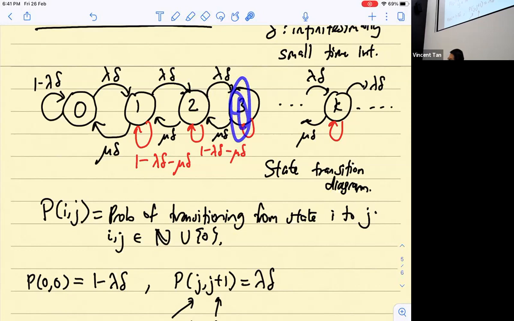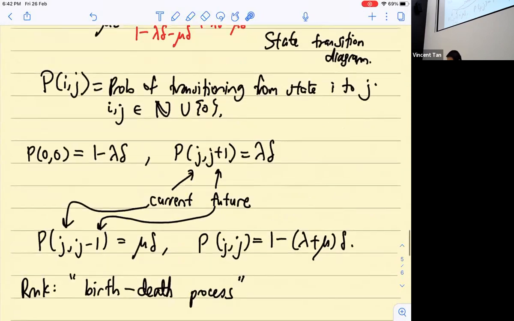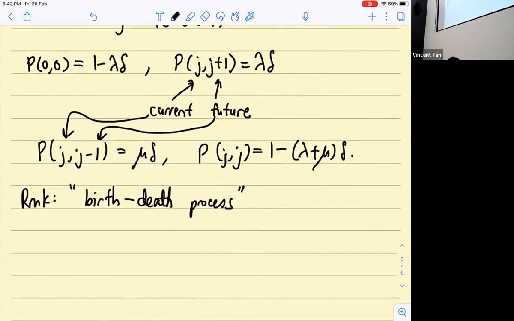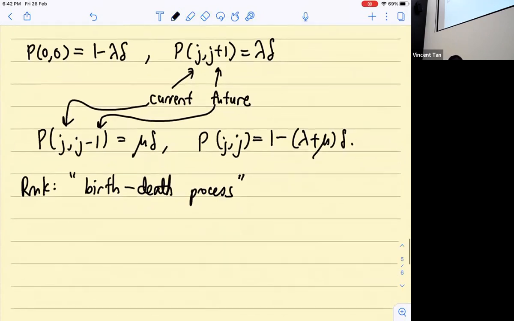Say women give birth with probability this, and people die with probability this. We can still study this mathematically. Actually, these sort of things have been studied mathematically a lot. These are a lot of research.